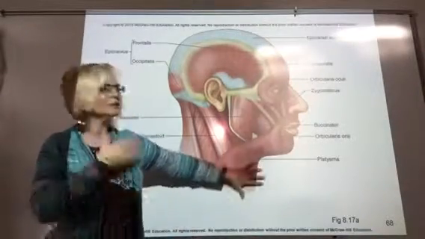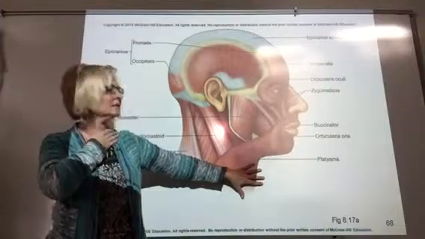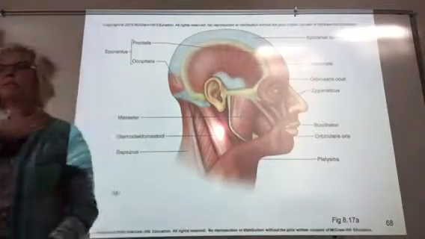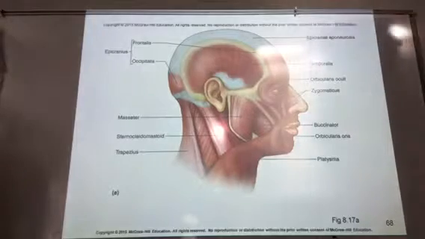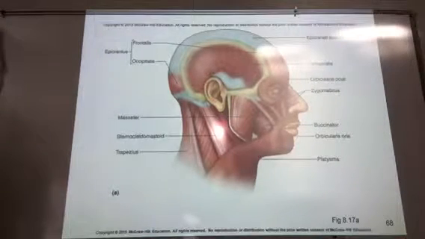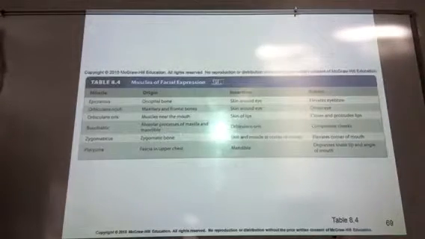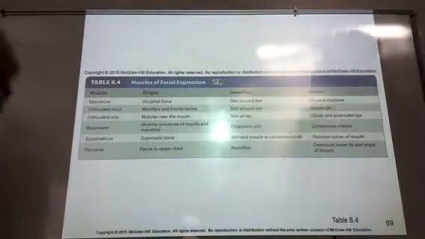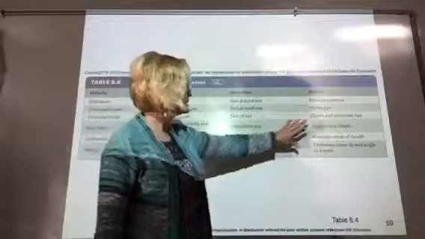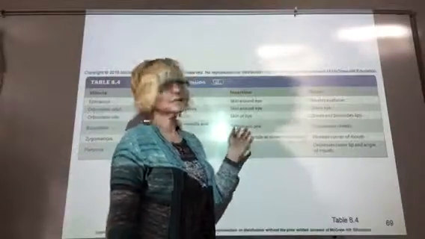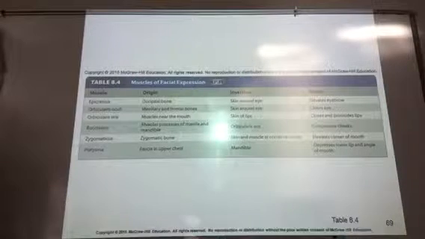So platysma is a large band muscle that basically extends from the bottom of your jaw down through your neck. The table tells you what they do, where it originates, where it inserts, and what its job is. So here again, good review that goes with the picture that we just looked at.